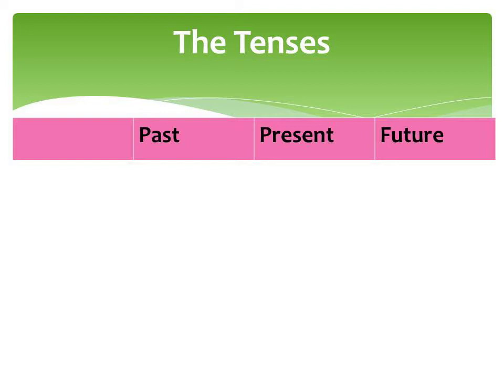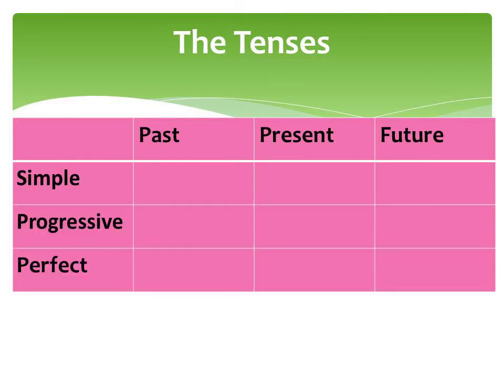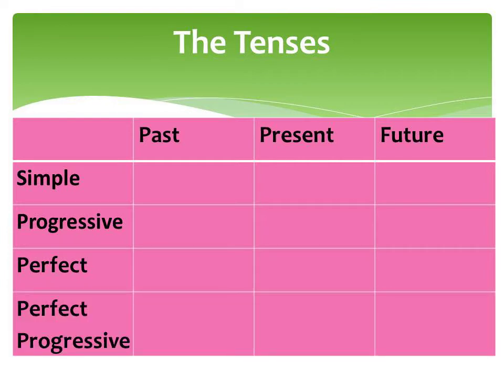But there's more to that. We still have the simple, progressive, perfect, and perfect progressive. But for now, we will be talking about the present simple and the present progressive tenses.